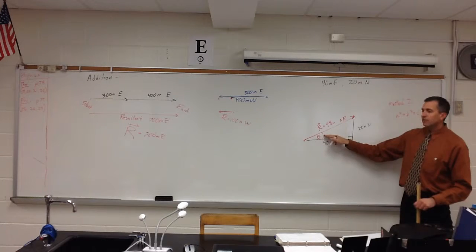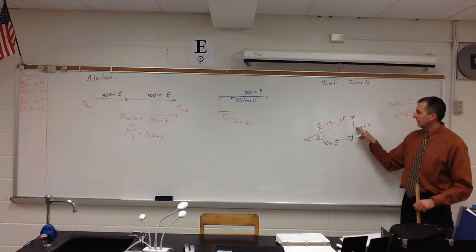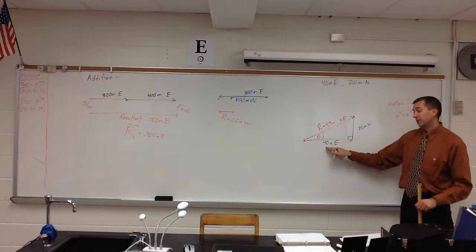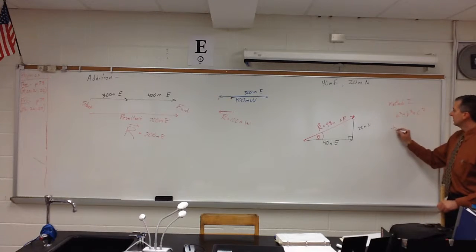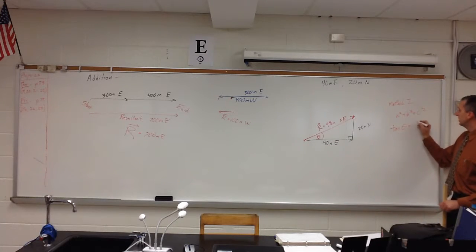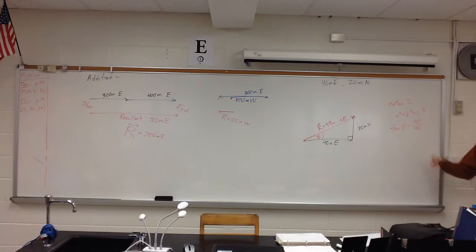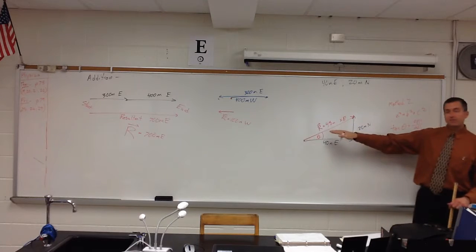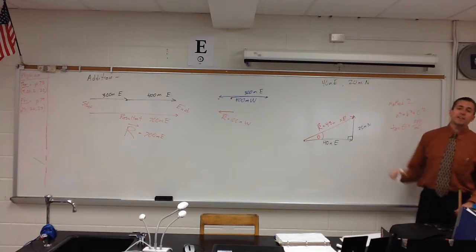And then for the angle, you could do opposite over adjacent, which is tangent. So you could apply some mathematic principles and actually get the exact angle and the exact length that way.